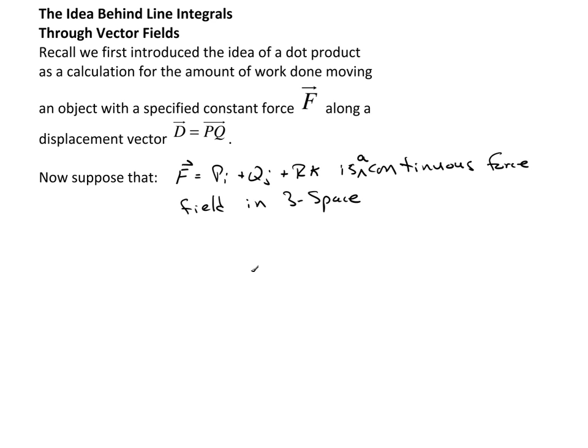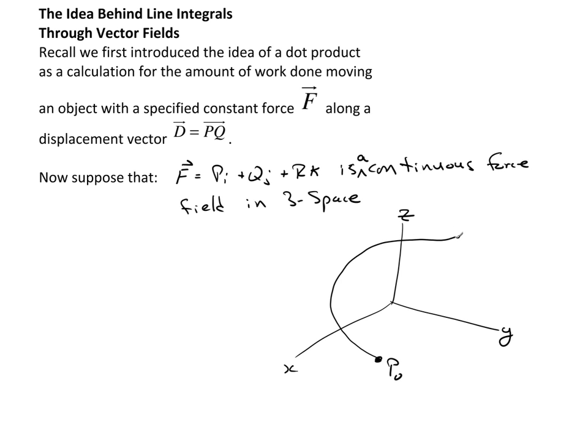Now, let's draw this out a little bit here. Let's say I have some initial point, I'm going to call it P naught, and I have this curve that comes around to this point, say Pn, which is point Q, and I have all these points along the way.